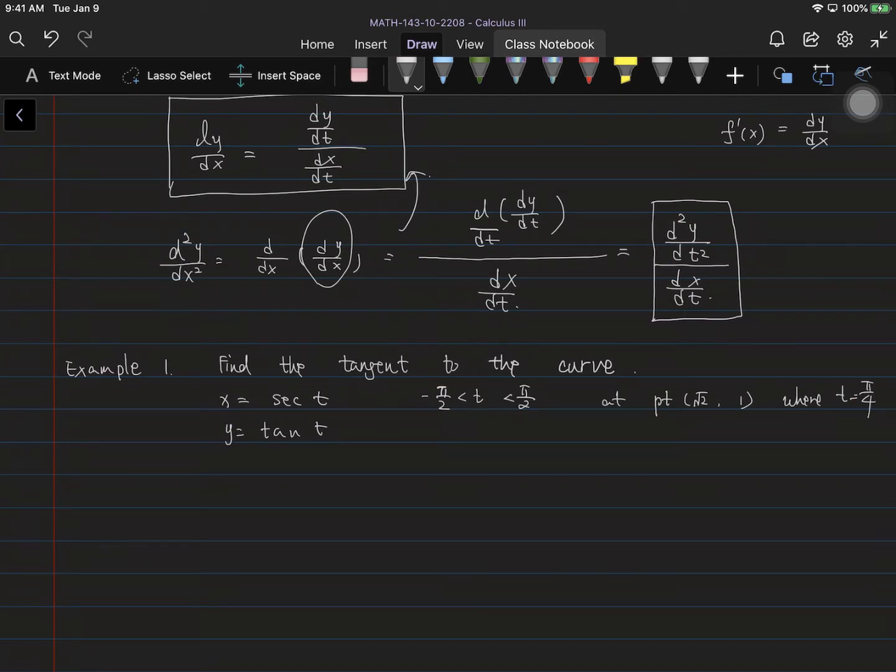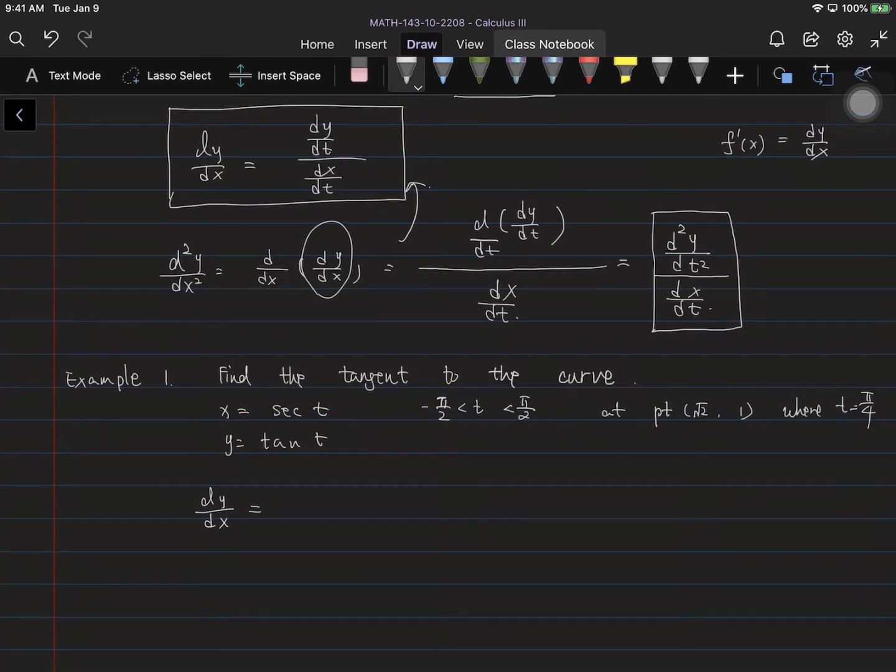Okay, now let's take a look at this problem. The curve is given by parametric equations. So by using the definition, we know the slope is the derivative, and the derivative of parametric equations is given by the first formula, which is dy/dt over dx/dt. The dy/dt means the derivative of tangent t, which should be secant squared, right?